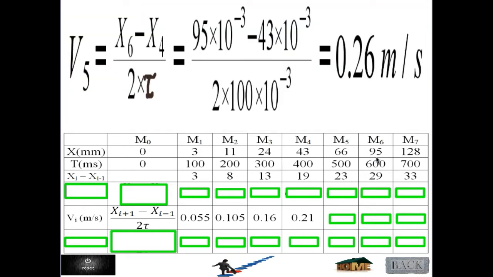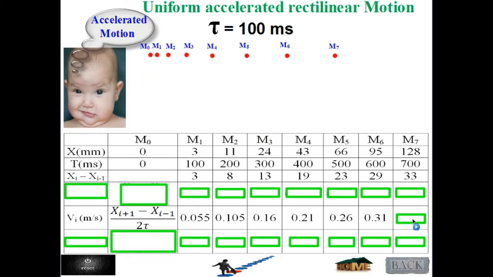V5 is x6 minus x4, 95 minus 43 millimeter over 2 tau, and we get 0.26, and so on. So the last one we cannot calculate; this is empty. Now we can calculate the acceleration.